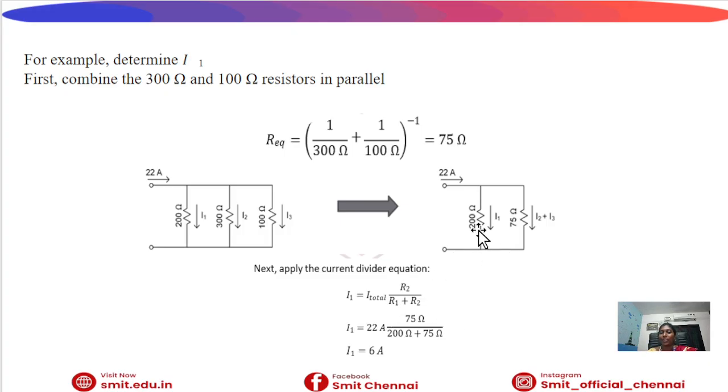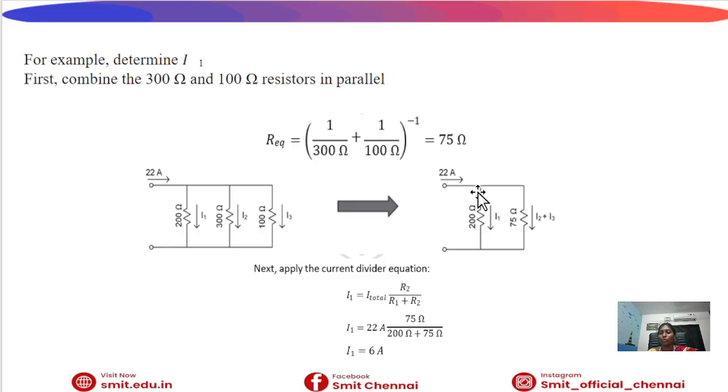Again, in this circuit they are giving three parallel resistors, and we have to find the current I1. First we eliminate one resistor by using the parallel equation R1 R2 divided by R1 plus R2. So 300 into 100 divided by 300 plus 100, we get 75. Now we have 200 ohm and 75 ohm.